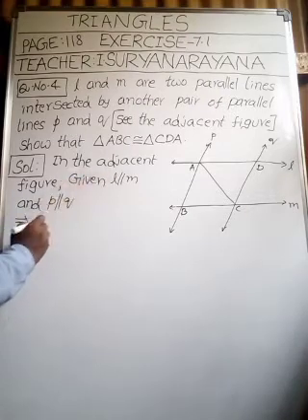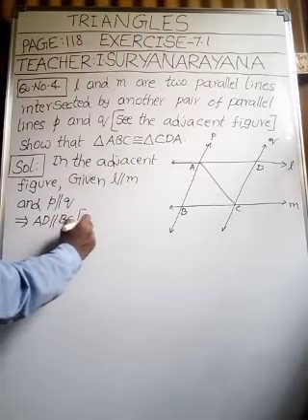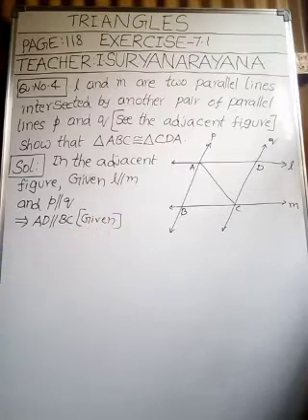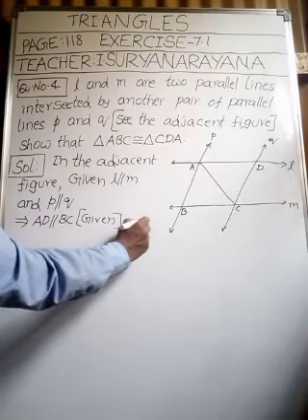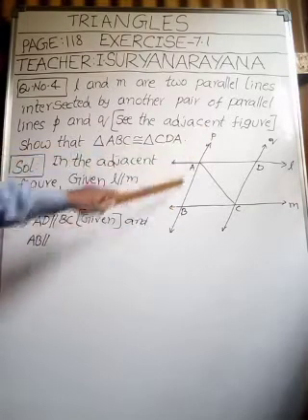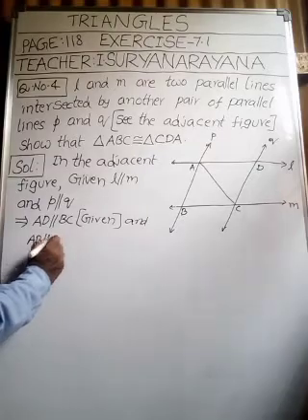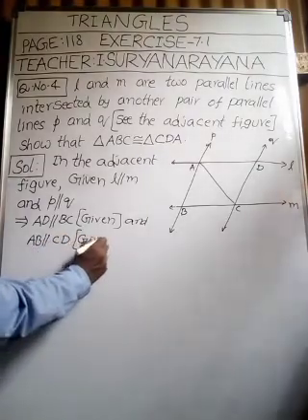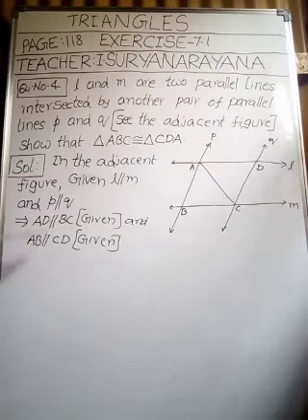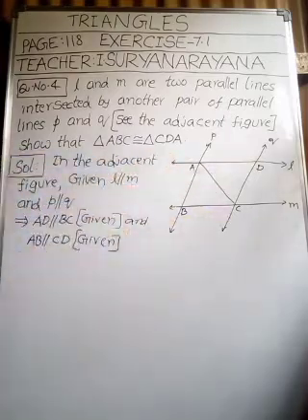Here AD is parallel to BC, and AB is parallel to CD, since line P is parallel to Q. Okay, my children, understood these two steps, right? So in this quadrilateral ABCD, AD is parallel to BC, and AB is parallel to CD. So ABCD is a parallelogram.